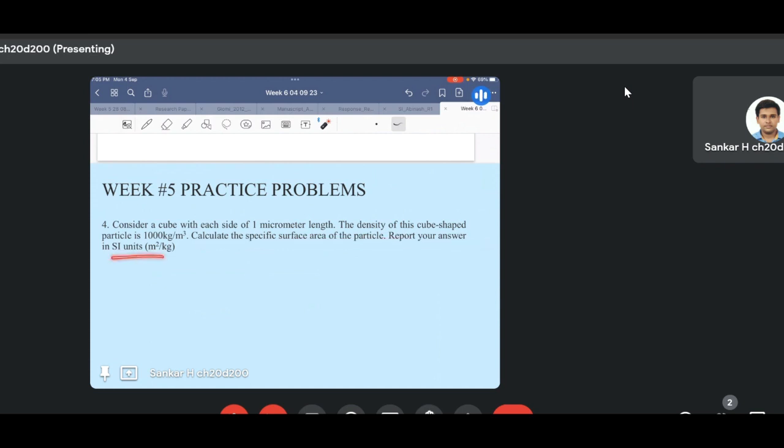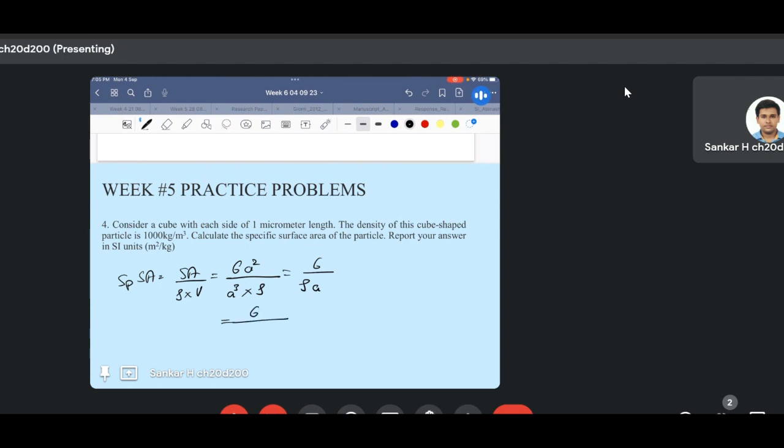For this, we know that the specific surface area is surface area per density times volume. For a cube, it is 6a square, the surface area, divided by a cube, the volume, times the density, which is 6 by rho times a, which in fact comes out to be the same as that for the sphere of diameter d.